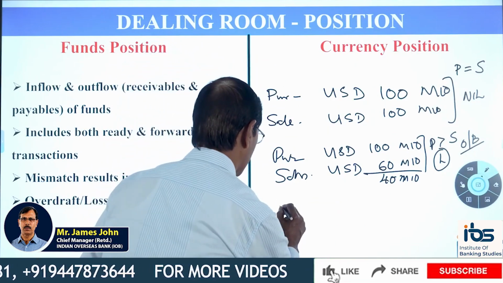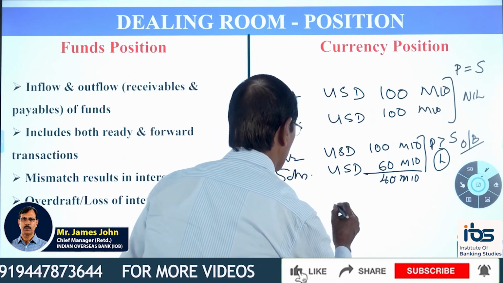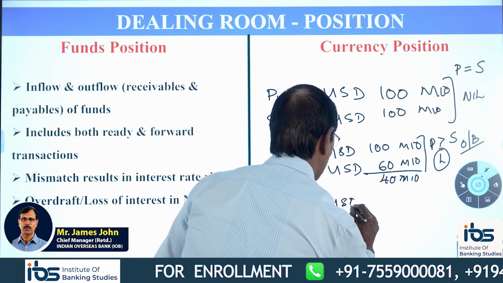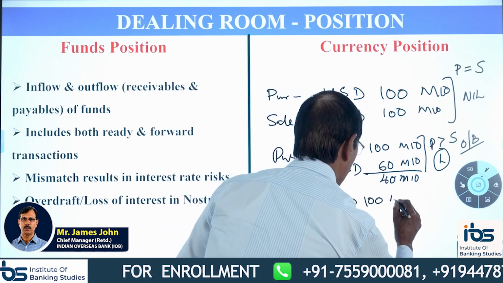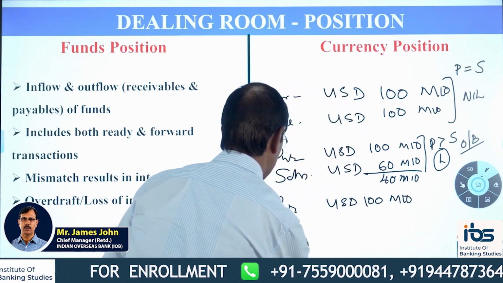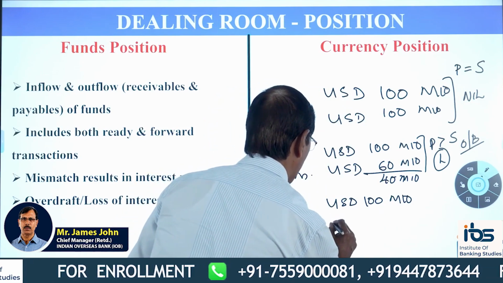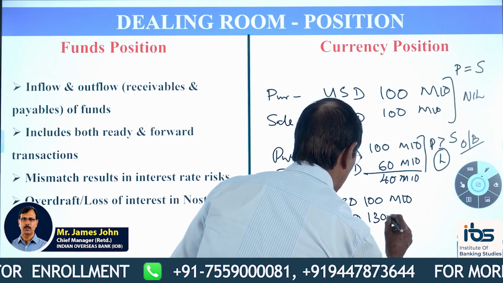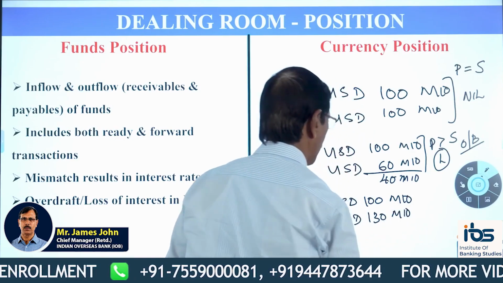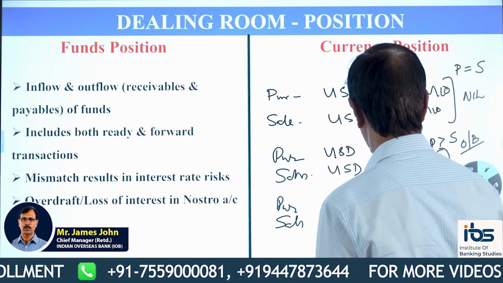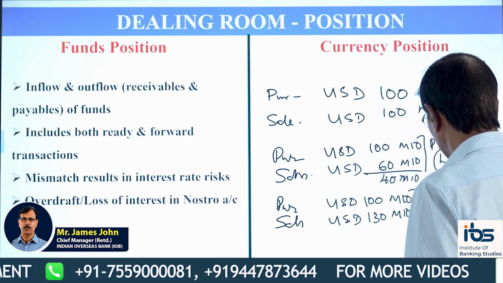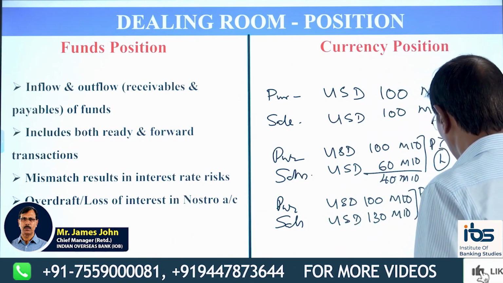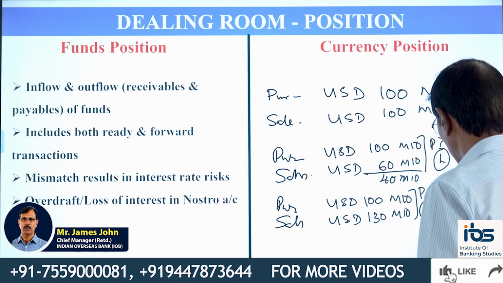Third situation, let us assume the purchase is USD 100 million and the sale on a particular day is say USD 130 million. In this case, the purchase is less than the sale. We say it is a short position.